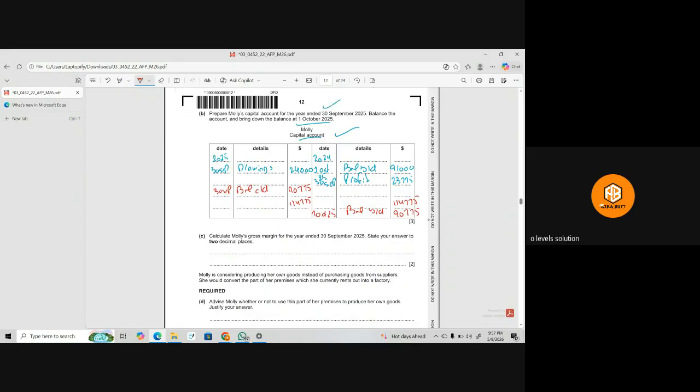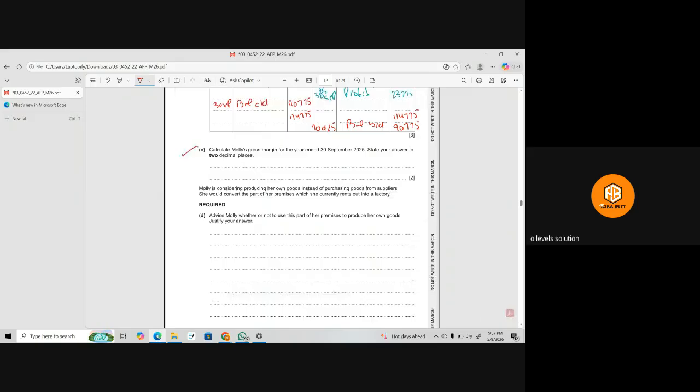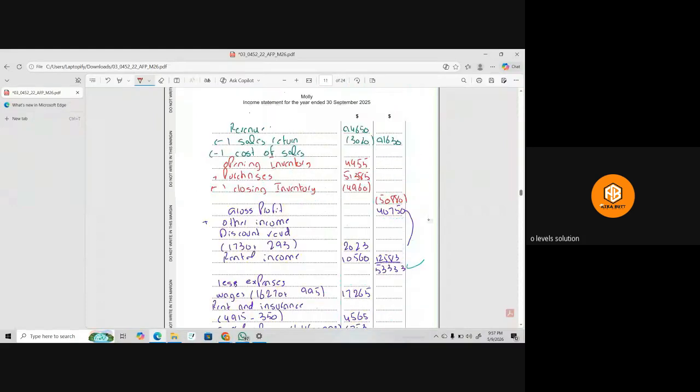Now we have to also find out the gross margin. It is really easy for the gross margin, we have to do GP multiply 100 divided by net sales. So let's see. We have the GP, which is this.